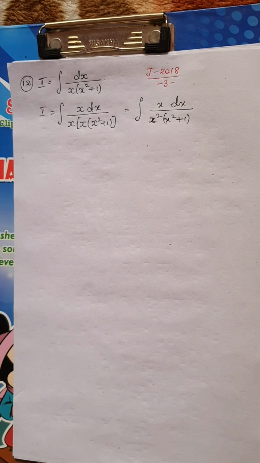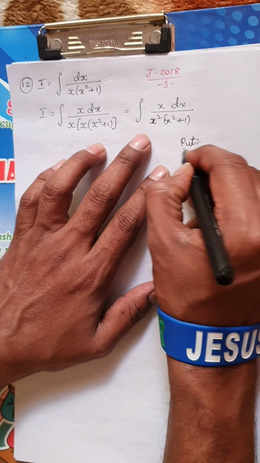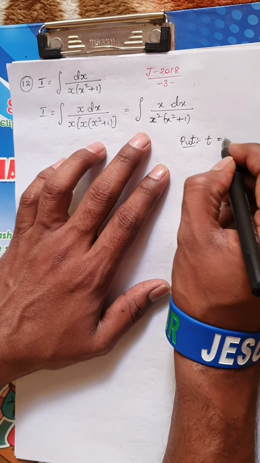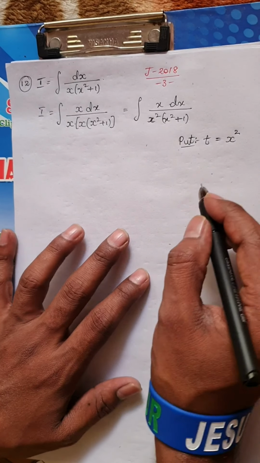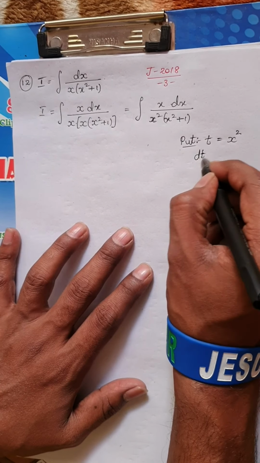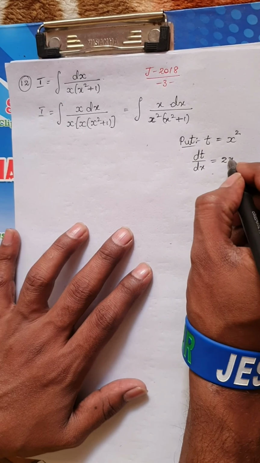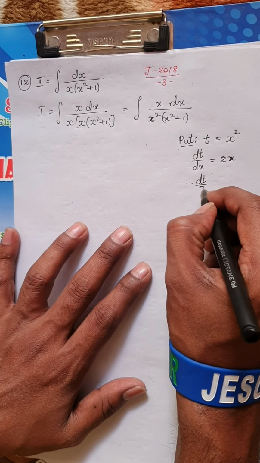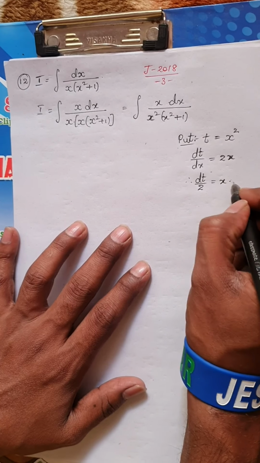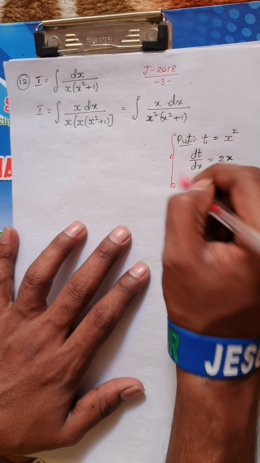Okay, now let me take some substitution here. So let me put t is equal to, there I used x power n, here I will take x square. Differentiating with respect to x, dt by dx would be the derivative of x square, which is 2x. Therefore making some arrangements, dt by 2 would be x into dx. Okay, so this is the substitution part.